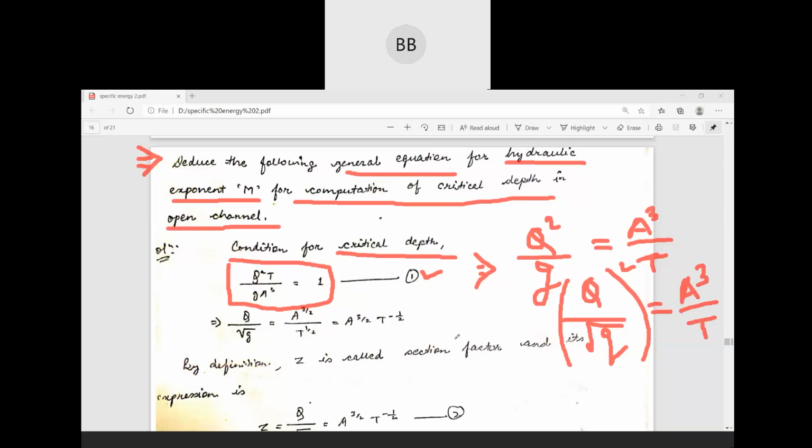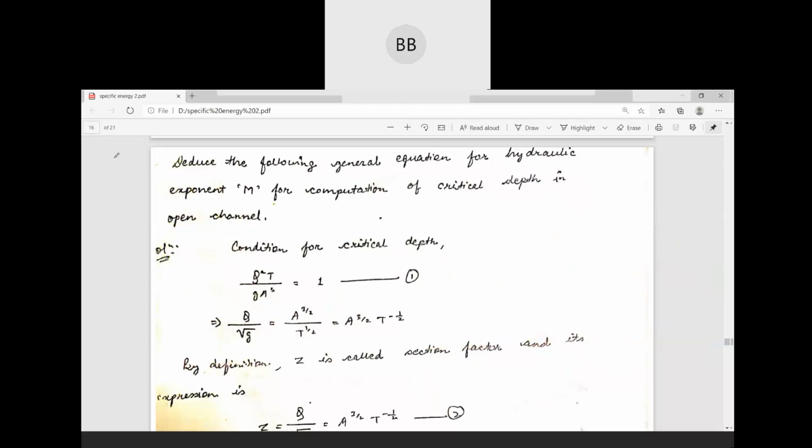So if you simplify, you can write this way: Q divided by root g is equal to A to the power 3 by 2 divided by T to the power half.